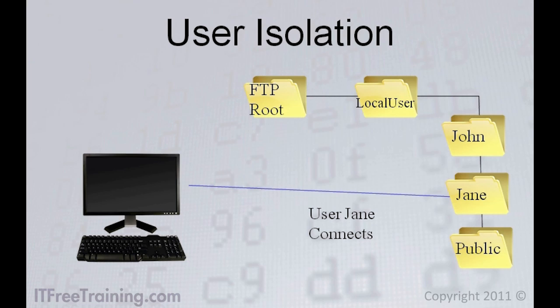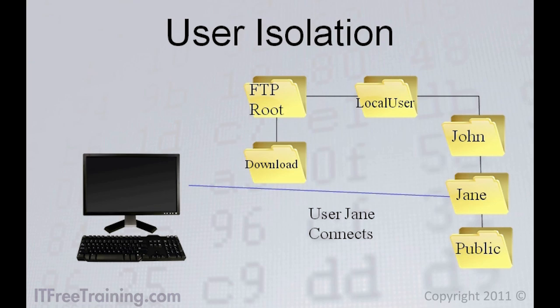This means user Jane and user John cannot change to any other directory outside their home directory. If you do not enable isolation, user John and user Jane can navigate to the parent directory or any other folder on the FTP server. For example, the download folder on this FTP site. Isolating users can provide you with a way to limit the user's access to only their directory.